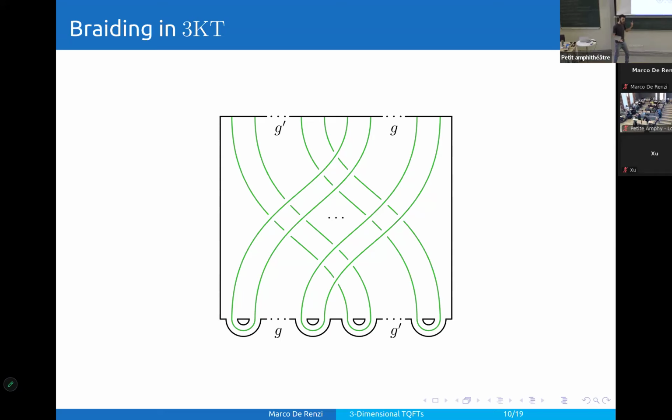So the object 1 in the category of Kirby tangles is a Hopf algebra in this category. So what do I mean by a Hopf algebra?